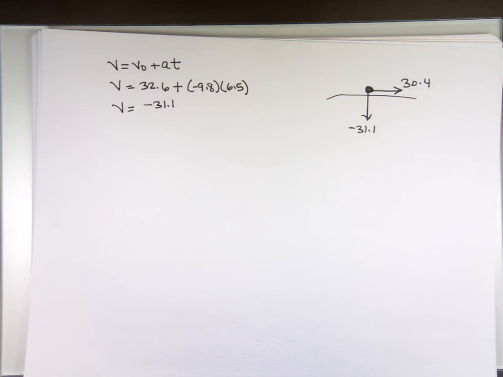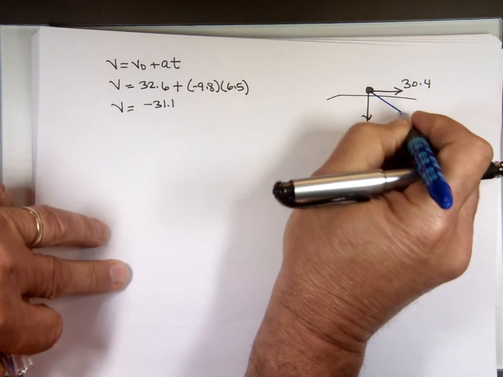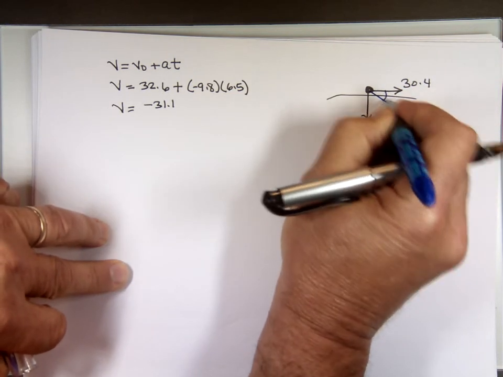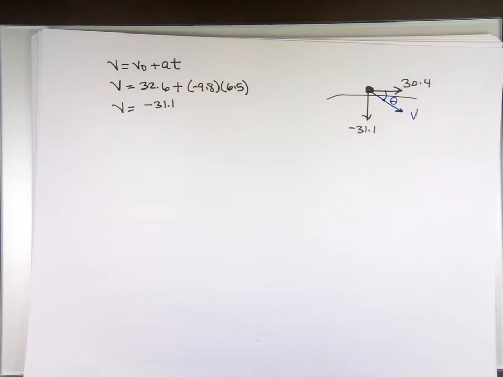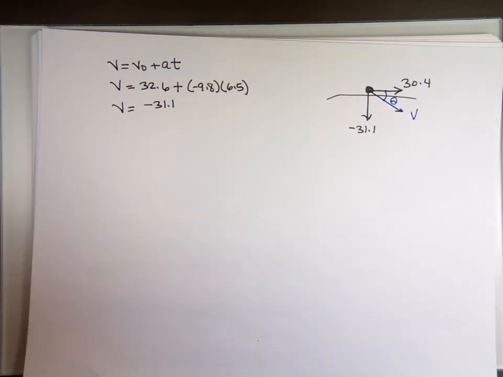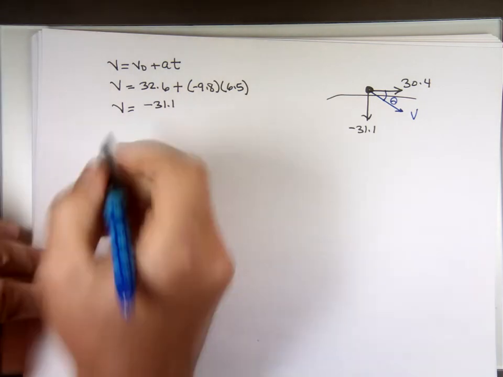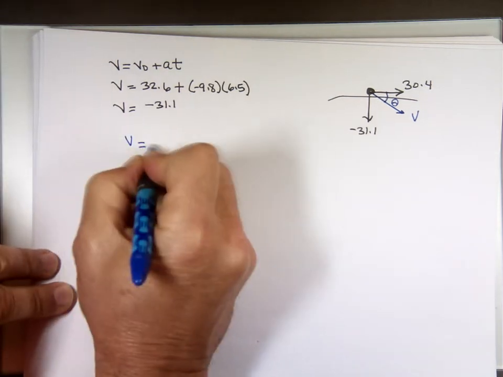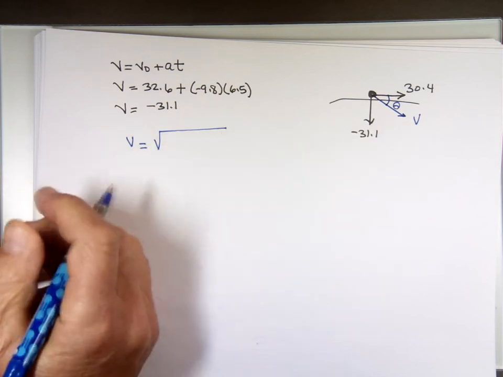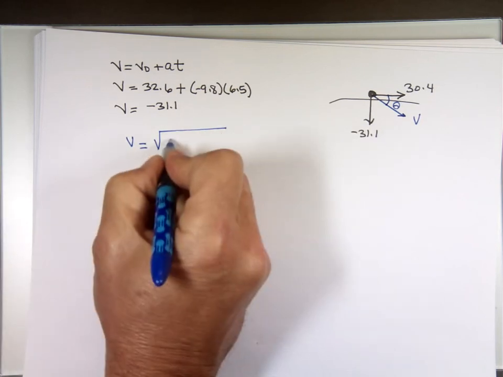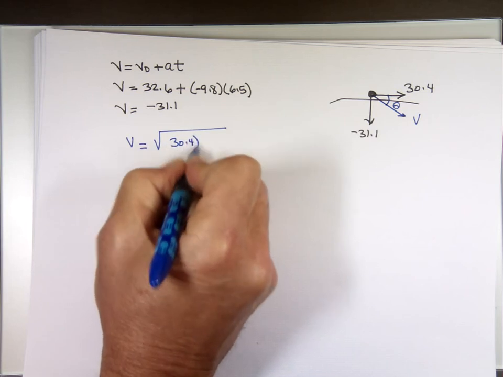The velocity in the x direction was positive 30.4. That means the ball is going to be traveling this way. What is v and what's theta? v equals the square root of 30.4 squared plus 31.1 squared.